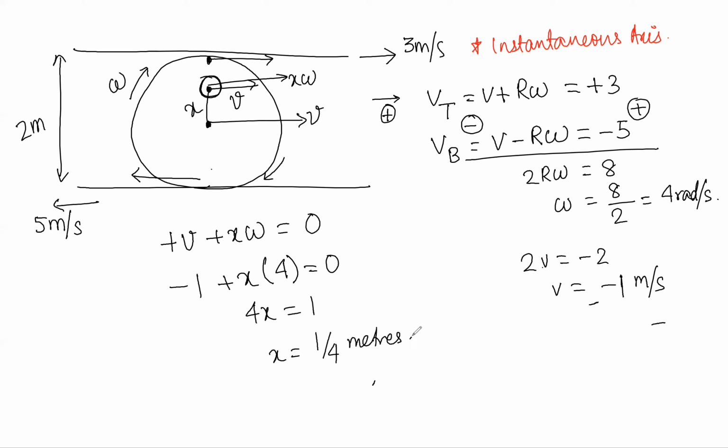So the instantaneous axis of rotation in this problem is a point that is 25 centimeters above the central axis. The central axis is moving backwards with a speed of -1 meters per second, and 25 centimeters above that point, there is a point which is at absolute rest. That is why that point is the instantaneous axis of rotation.